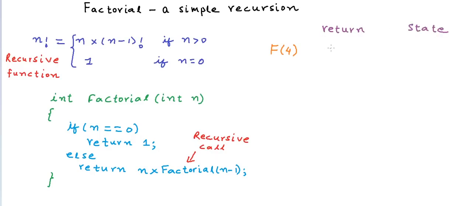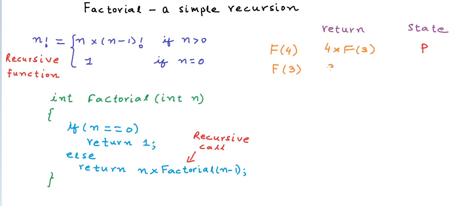Now when the computer tries to calculate f4 here, it sees that it actually is calling f3 recursively. So it says that, hey, I will pause the execution of this particular function f4 and go and calculate f3 first, and then I'll come back. So it saves the current state of f4 into memory and goes on to calculate f3.